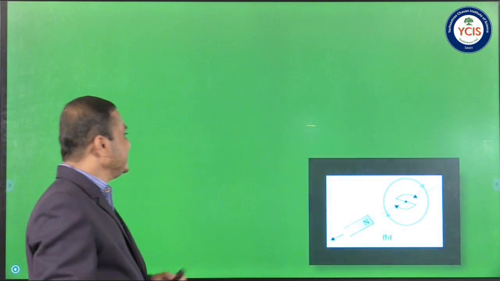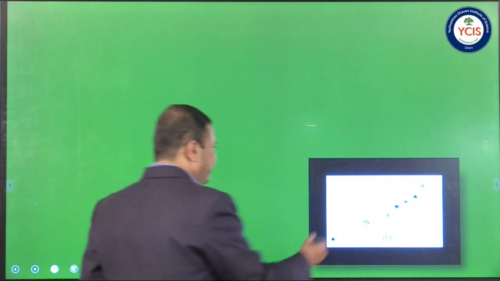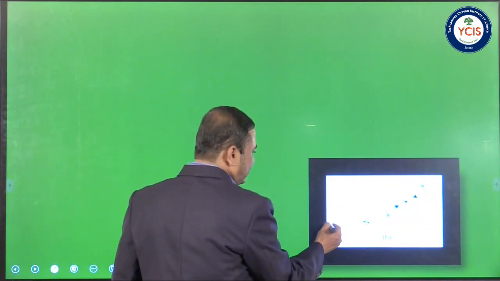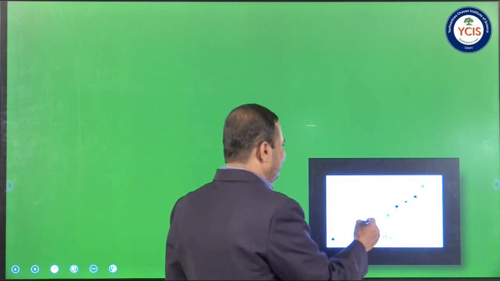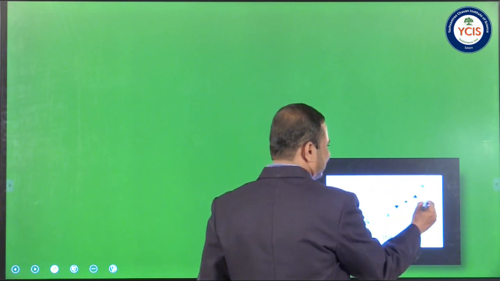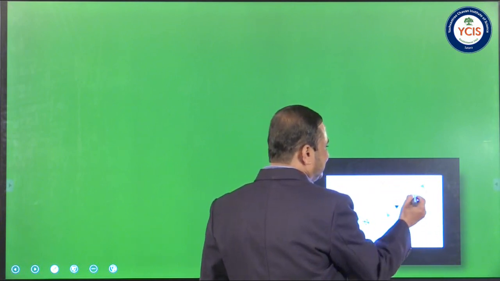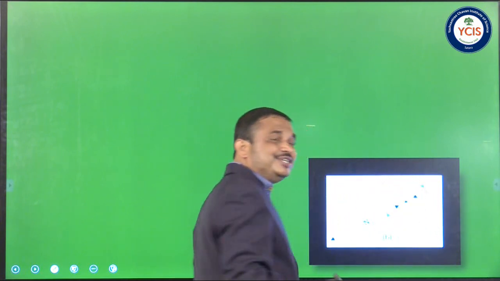Now consider a second case. If the magnet recedes or moves away from the coil, then the direction of induced EMF abruptly changes, and this current flows in a clockwise sense, so that this face acts as an S pole.